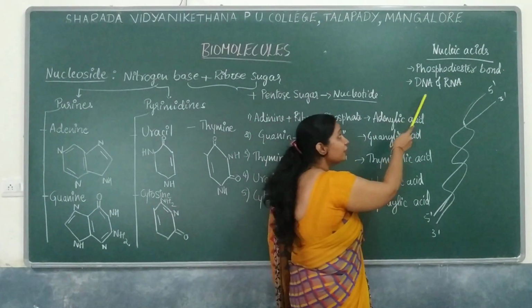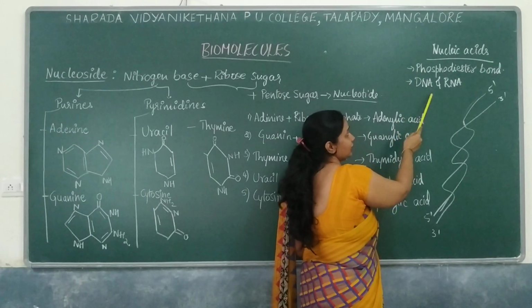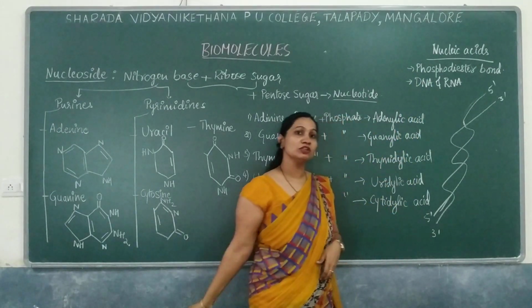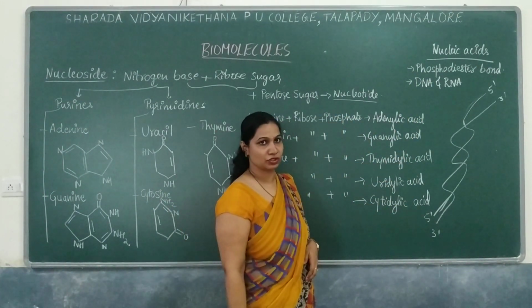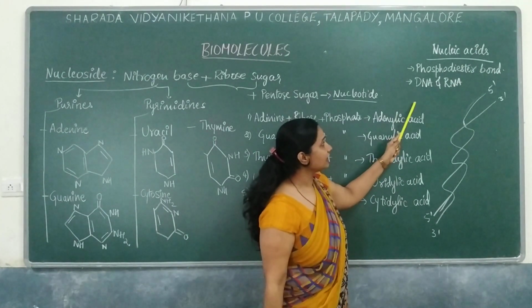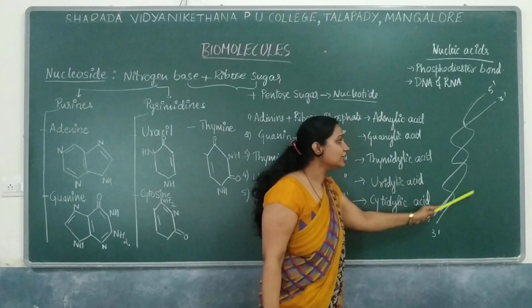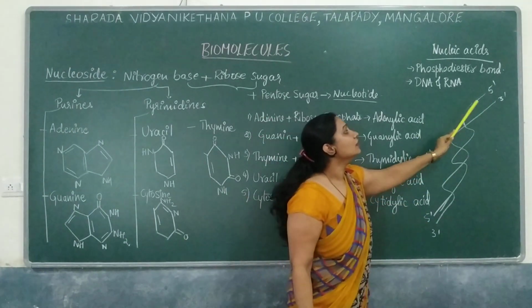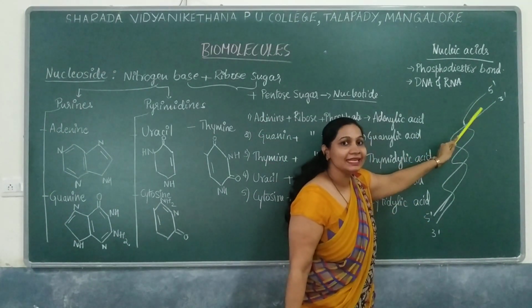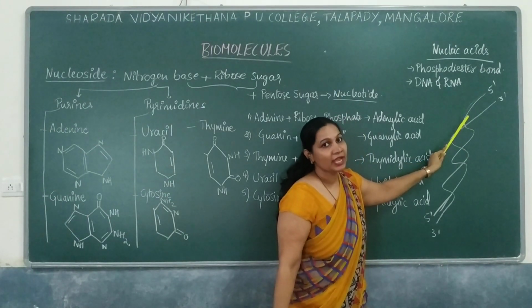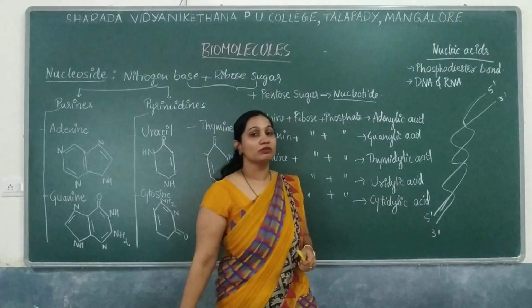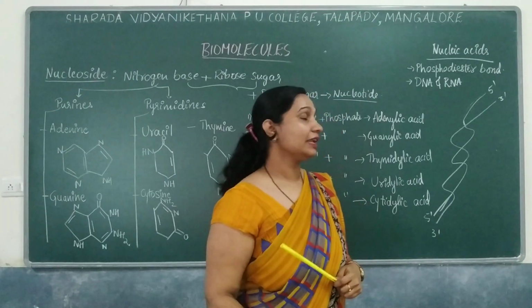Now when we explain the structure of DNA, which is also known as the secondary structure, it is known as the DNA double helix model, and this model is also known as the Watson and Crick model.